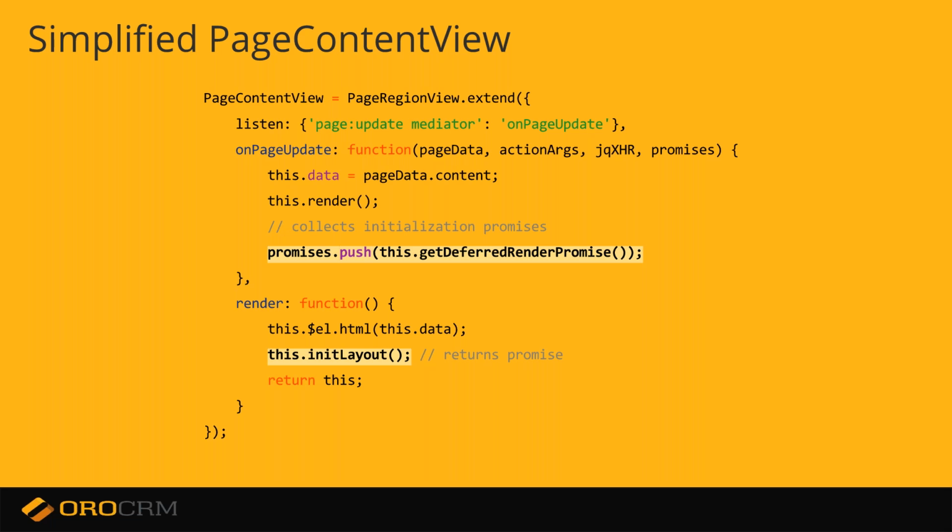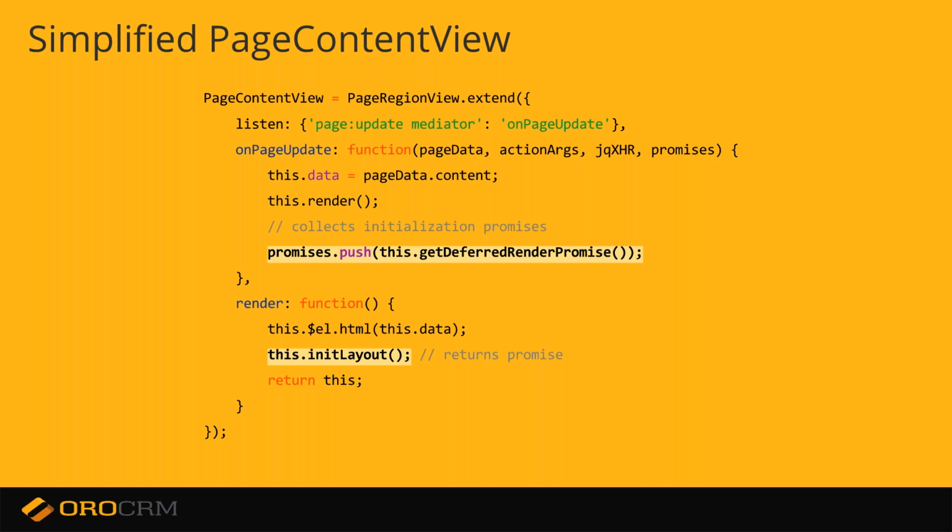ContentView listens to the page update event and updates its HTML. After the HTML update, the view invokes the init layout method. This action is asynchronous, and a promise object is created to handle the result.